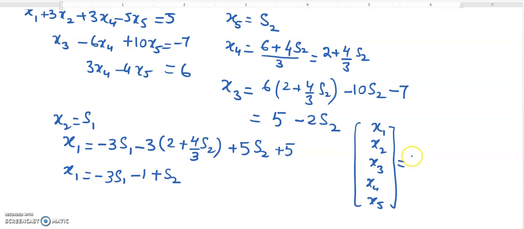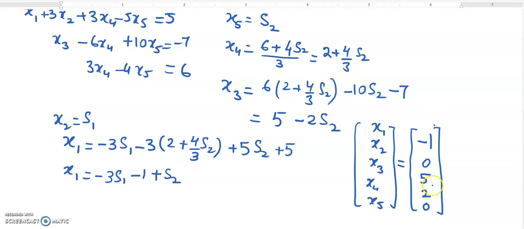So what is x1? We can take the constant component as minus 1. For x2 it will be 0, for x3 it will be 5, for x4 it will be 2, and for x5 it will be 0. So this will be one vector.